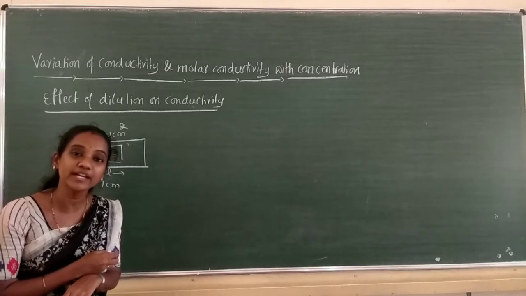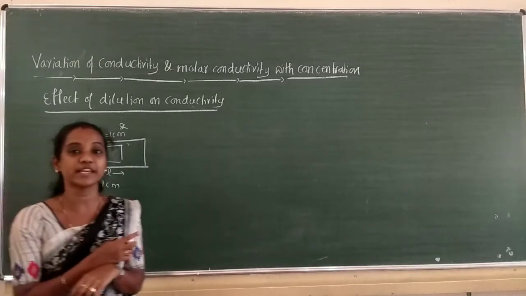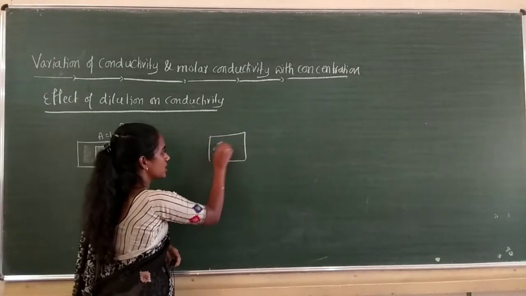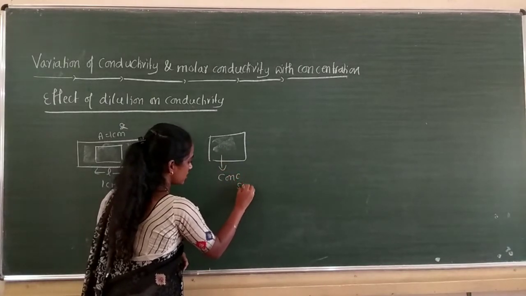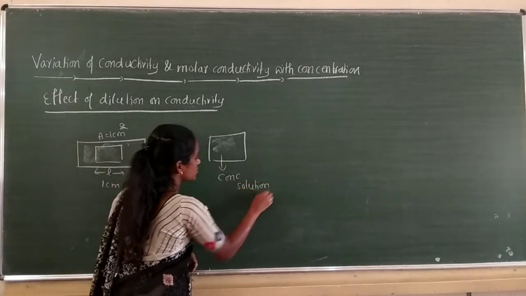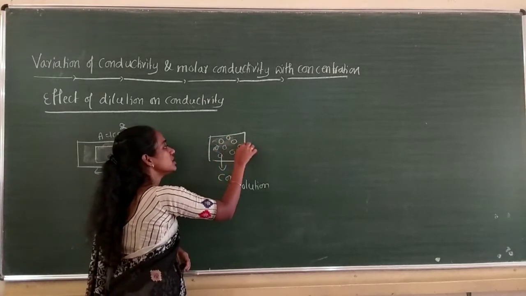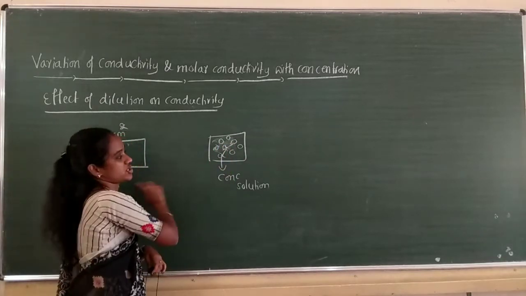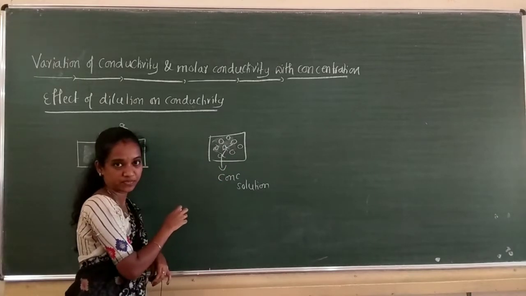There are strong interionic attractions that may exist between the ions. So for example, this is a highly concentrated solution. In this particular solution, there is a strong interaction or strong interionic forces that may exist between the ions.